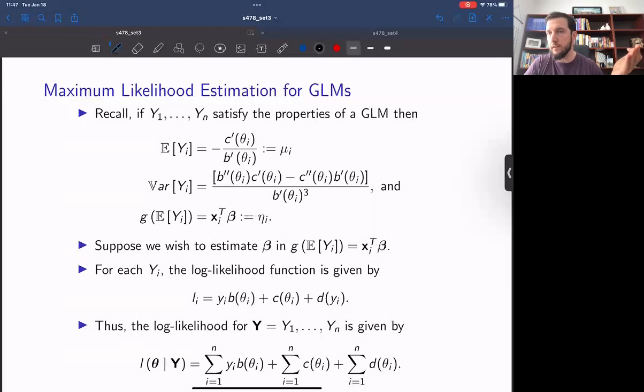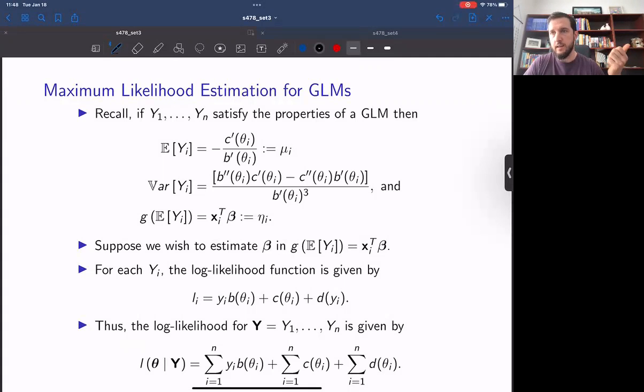We derived this last class. So this is the general expression for the expected value of y from an exponential family. The variance of y has the expression given in the second equation. And then we assume that there's some monotonic function g that links the expected value of y to this linear component.